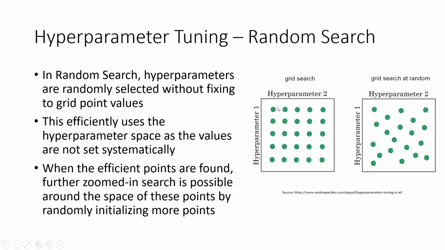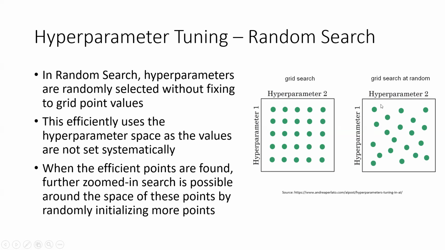For example, in the grid technique, in this example we are using 1, 2, 3, 4, 5 values for hyperparameter 1 and 1, 2, 3, 4, 5 values for hyperparameter 2, right? But with random search, these three are actually slightly different values, and 4, 5, 6, and so on up to 20.